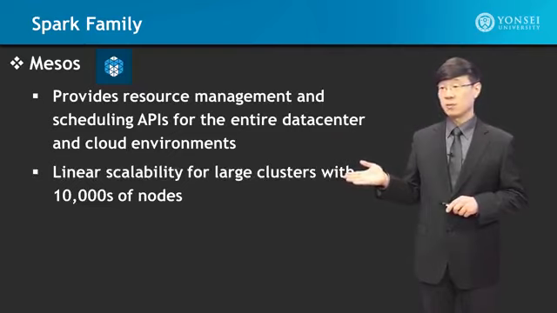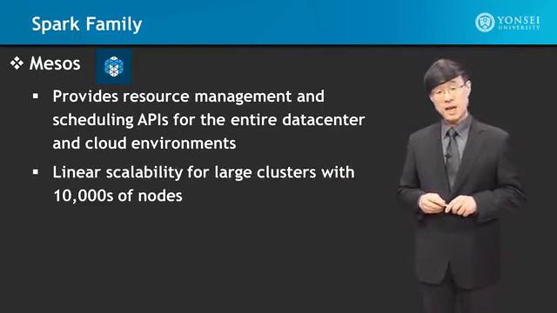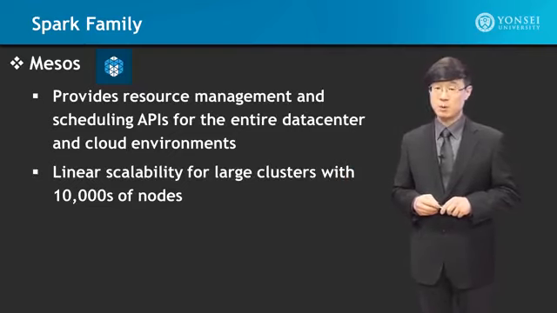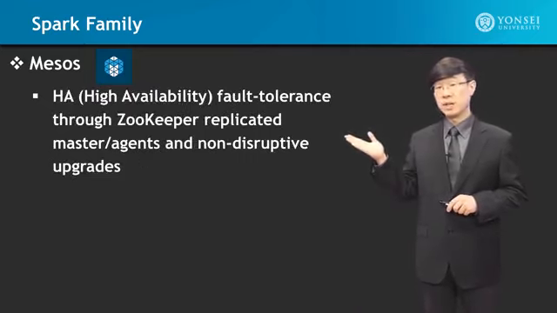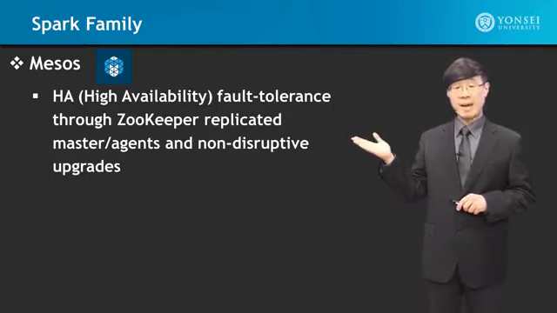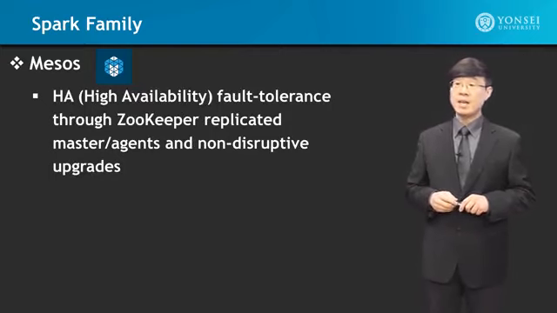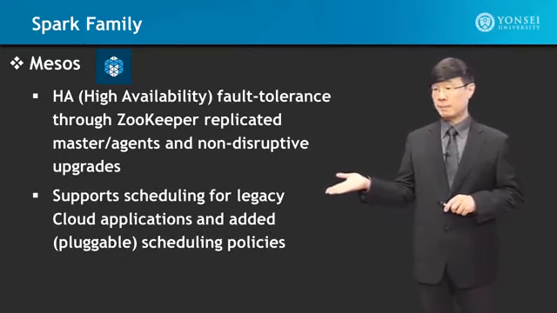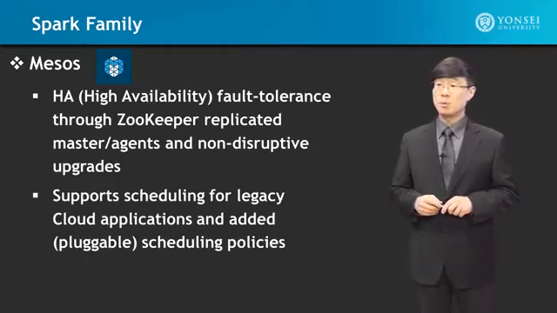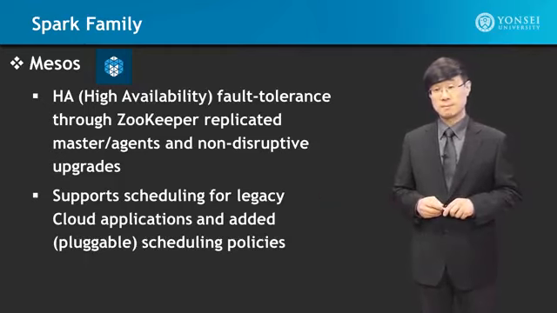Linear scalability for large clusters with tens of thousands of nodes is possible through Mesos easily. Mesos provides high availability and fault tolerance through Zookeeper replicated master and agents, and non-disruptive upgrades. It supports scheduling for legacy cloud applications and added pluggable scheduling policies.